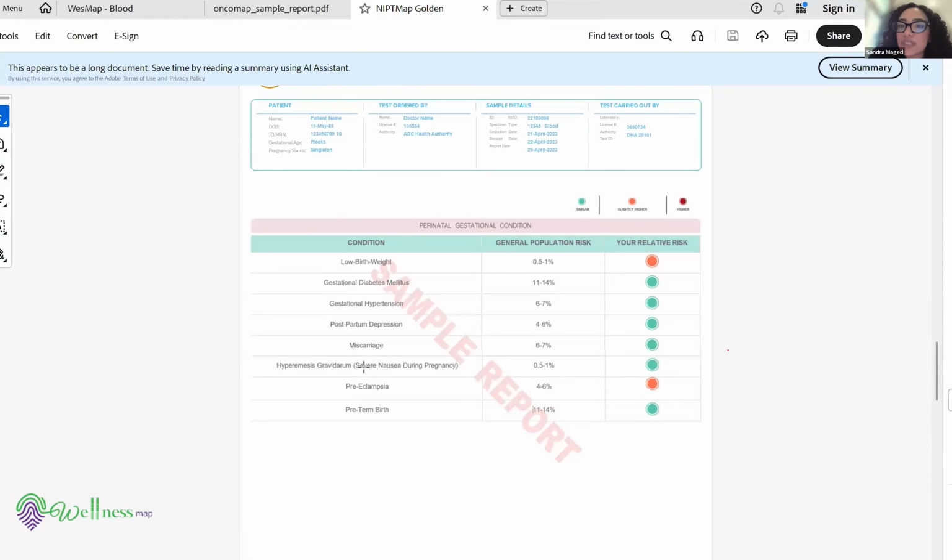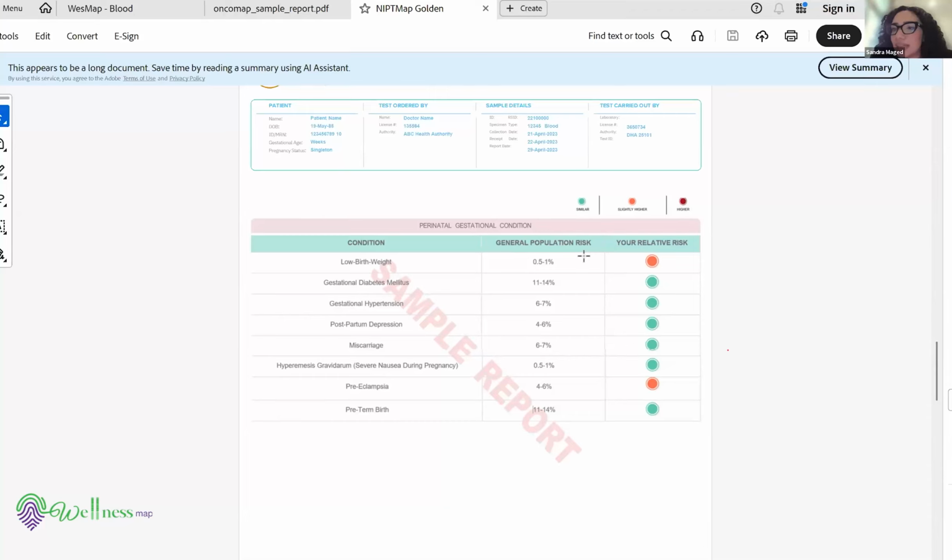Then we have the higher, which is dark red, and this means that it is actually very high because the genes that we've seen lead to such a condition. So what are the conditions that we're seeing? We can see the low birth weight. Low birth weight meaning that this person will probably deliver an underweight baby. And it tells you here as well in the middle, the general population risk.